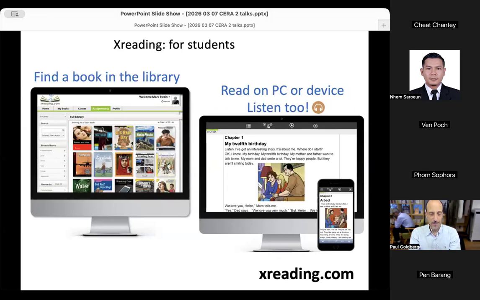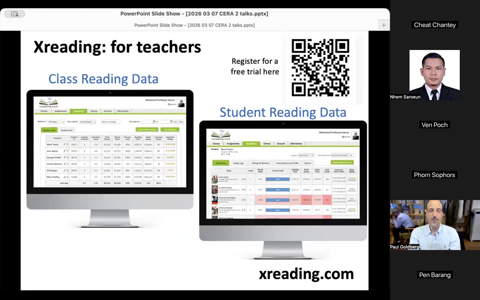Because I was at Camp Peaceall earlier this year, we have a few more schools in Cambodia now using it. As you can see in the slides Rob is showing, students can go to the library on the left side. They can see the covers. They get information about the books by clicking on each cover. And as you can see on the right side, they can read the book either on their computer or their smartphone.